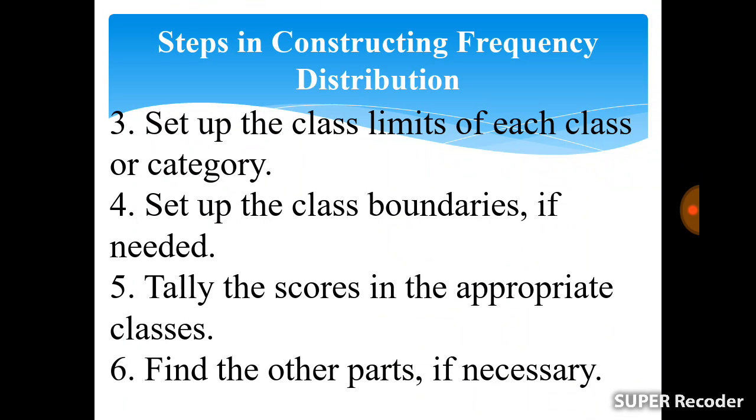Set up the class boundaries if needed. Then we have to tally the scores in the appropriate classes. And for the last part, find the other parts if necessary. These will be discussed in the future topics.